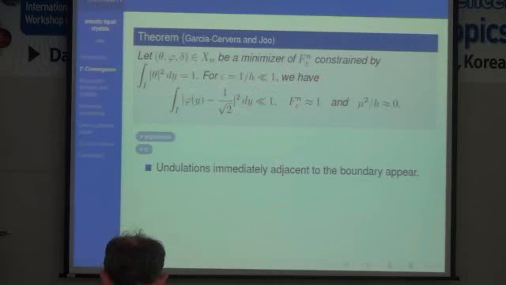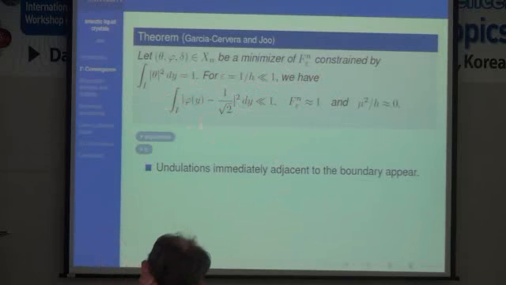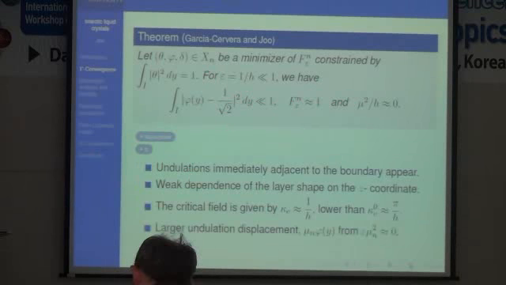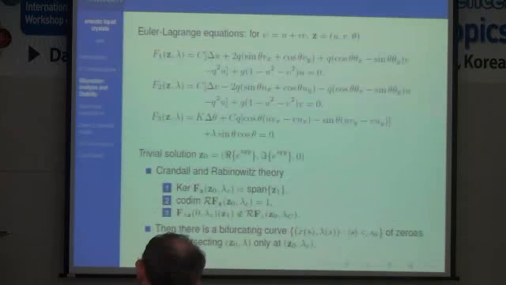So we have weak dependence on the vertical coordinate, and we have this critical field. Of course, we have these undulations near the boundaries. So these explain the larger undulation displacement, and that explains the experiment done by Lavrentovic.